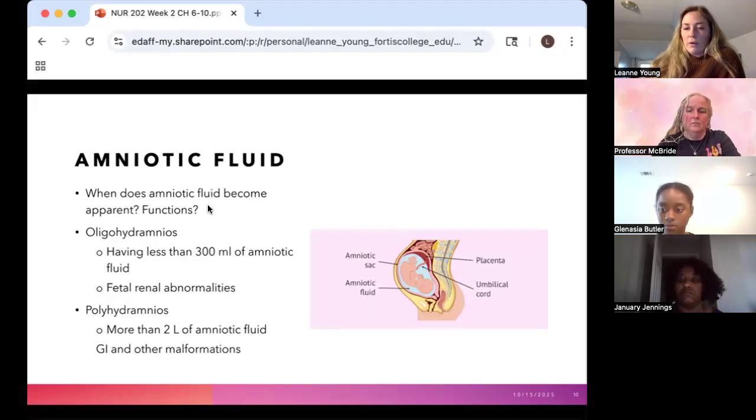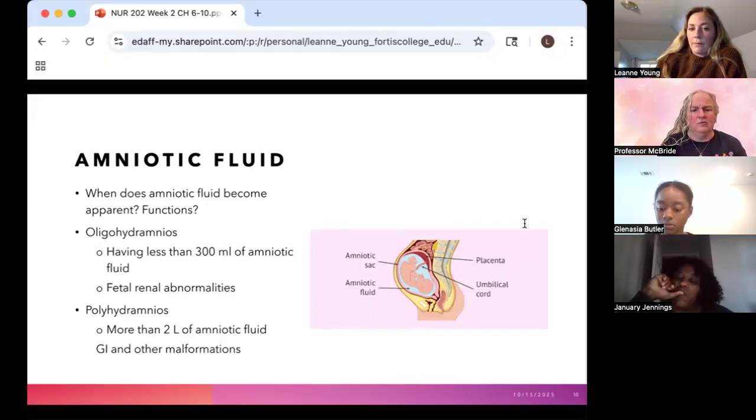We've seen that a lot before, where a mom has failed her 1 hour glucose test and was testing her blood sugar, and say she refused her 3 hours, for whatever reason, and was checking her glucose at home, and she came in and we broke her water, and she just has a lot of fluid. So that is very common in gestational diabetics, to have an excess amount of fluid.